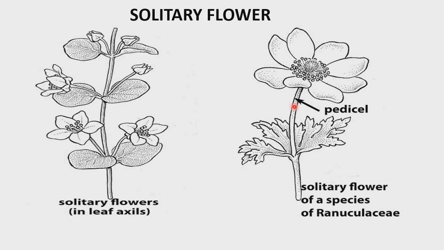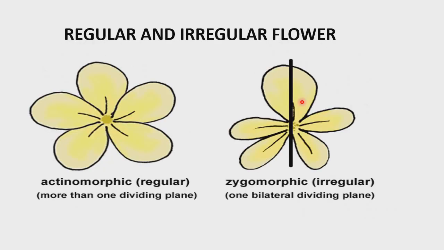Either you say pedicel or stalk or peduncle. Don't use this as a stem. I'm saying this because of external examination, and even if you write it as a stem, I will mark you wrong. Having understood what a solitary flower is, let's move to the next, regular and irregular flower.